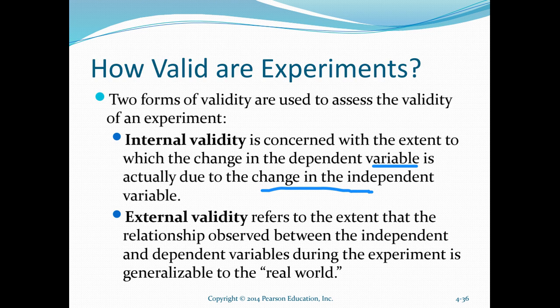External validity refers to the extent that the relationship observed between the independent and dependent variable during the experiment can be generalized in the real world. So imagine you have established that ice cream is the cause of the death in your experiments. And now we need to link it with the real world. Is it implementable in the real world? Imagine it is not possible.